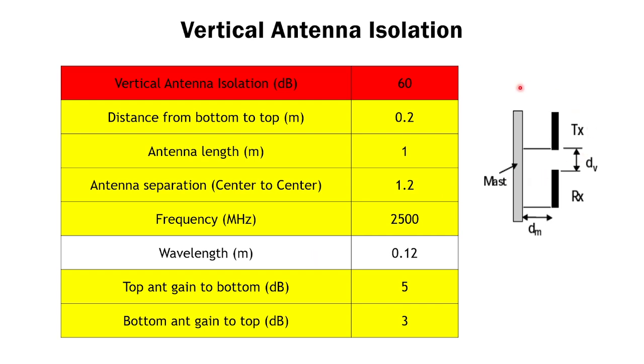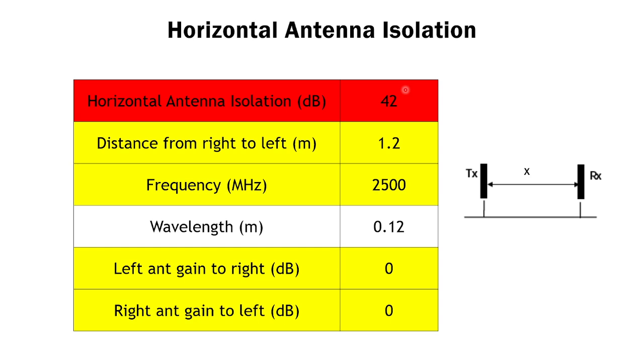For example, if the antenna is mounted vertically, then the vertical antenna isolation is calculated as 60 dB. If it's mounted horizontally, then the horizontal isolation is something like this.